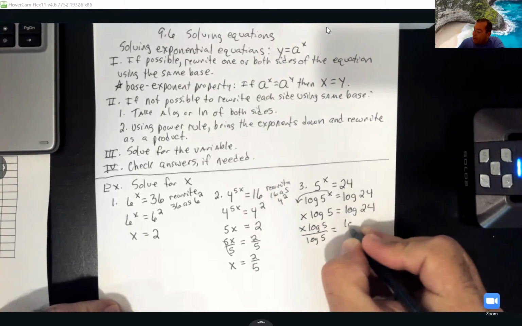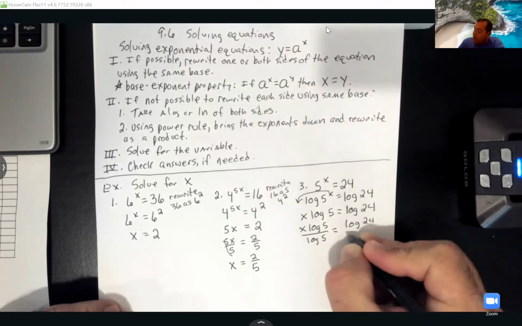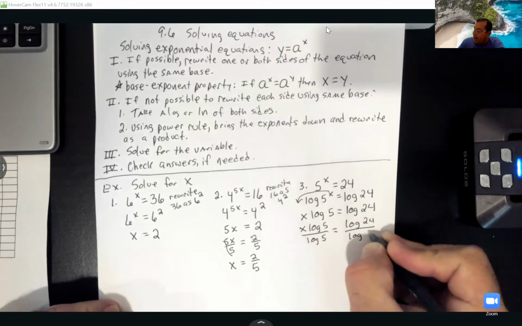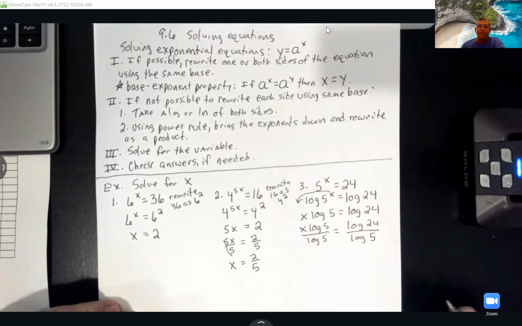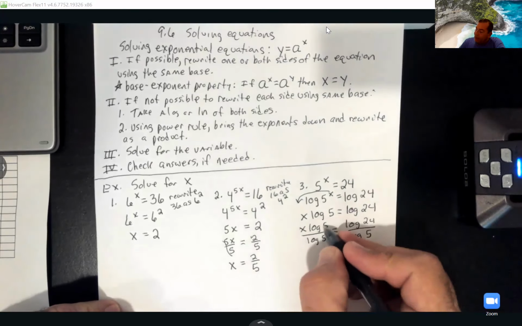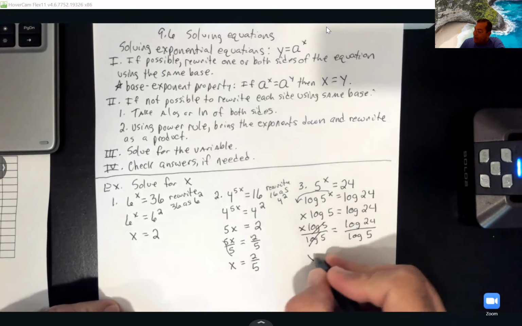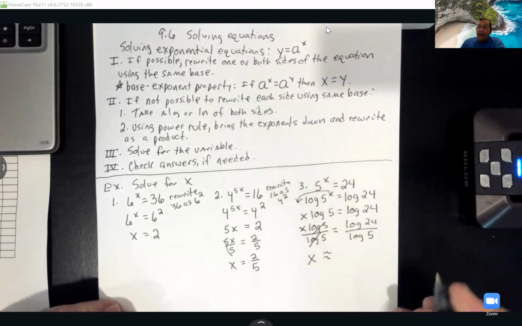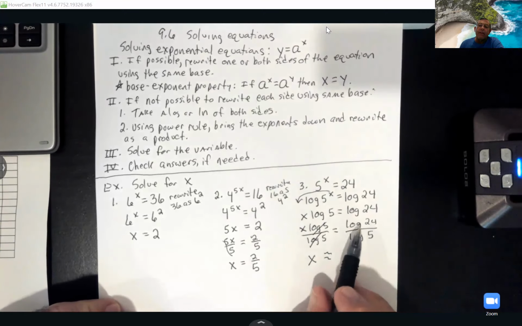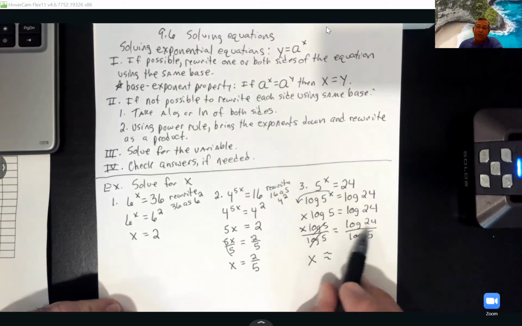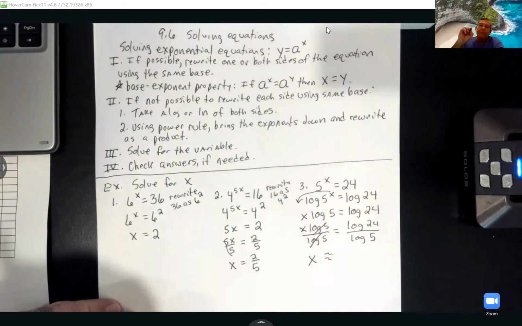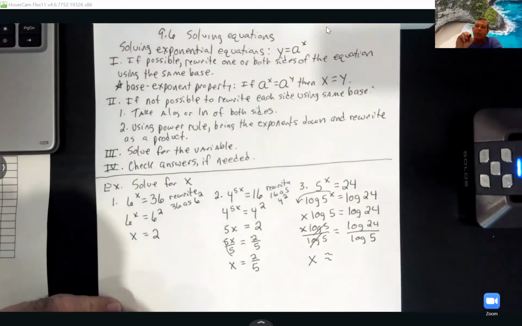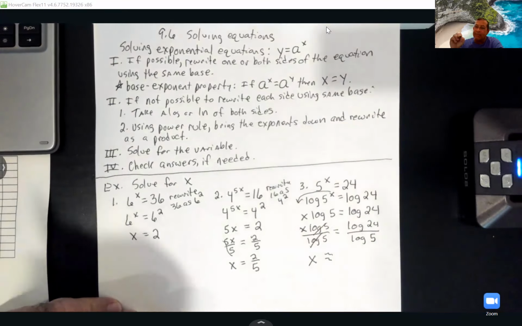That's going to equal our log 24 divided by our log 5. So these logs cancel. That gives me my x. Now these are logs. So when your answer involves logs at the end like this, we're going to get a decimal and we're going to have to estimate it 4 decimal places.